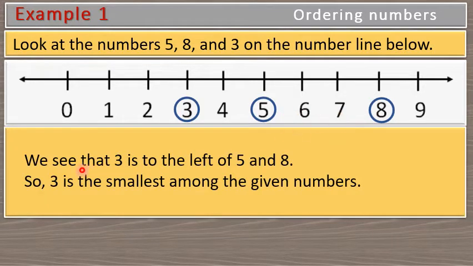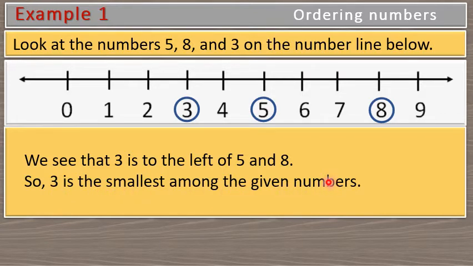Here we see that 3 is to the left of 5 and 8. Look here, the number 3 is to the left of the other two numbers 5 and 8. So 3 is the smallest among the given numbers.